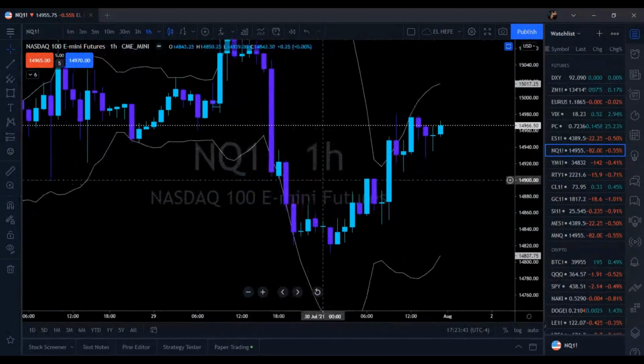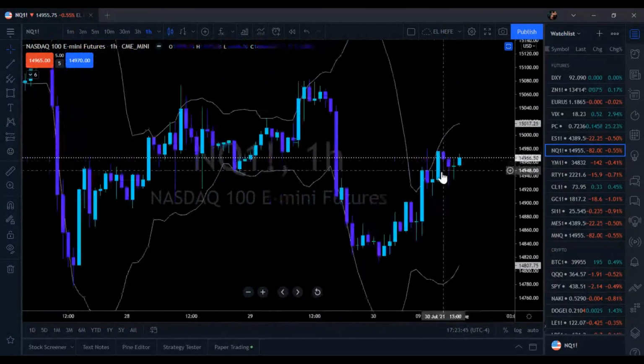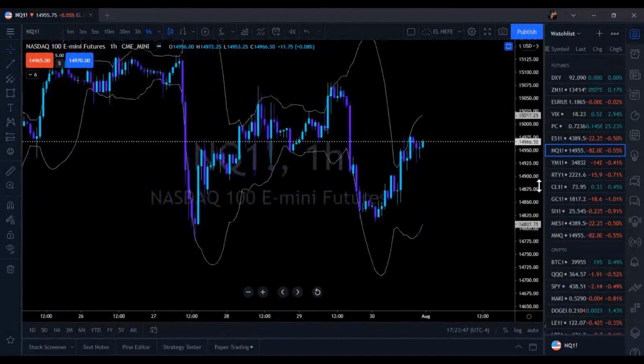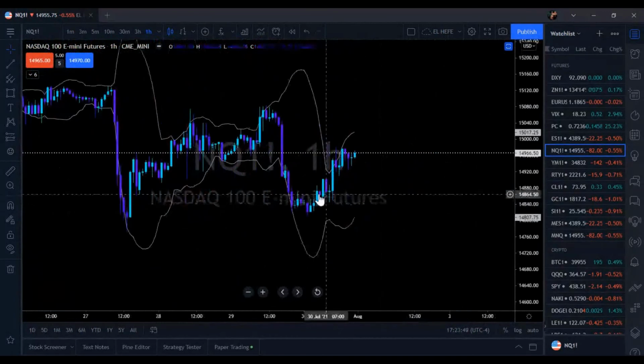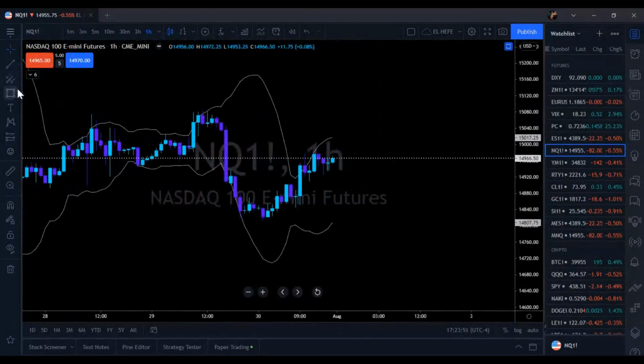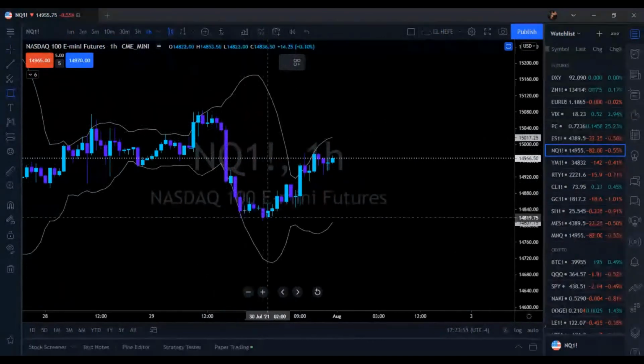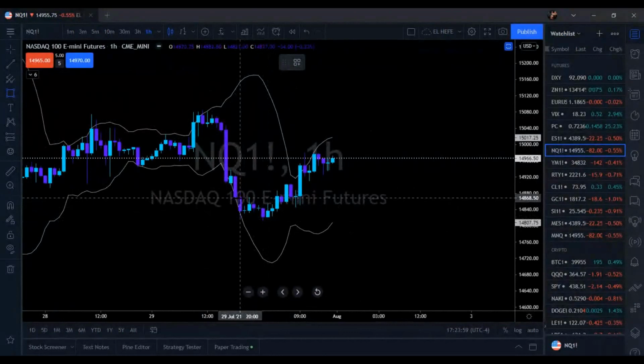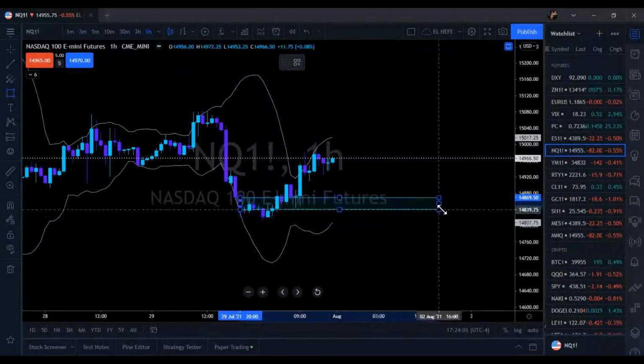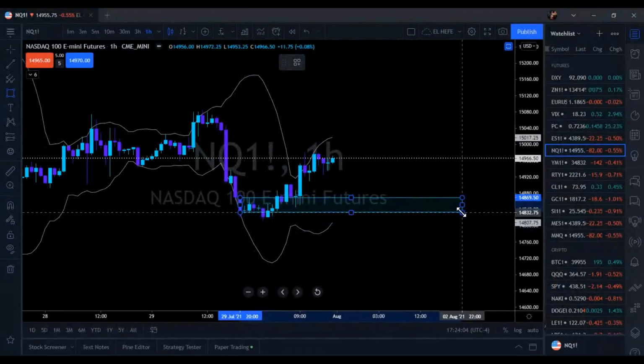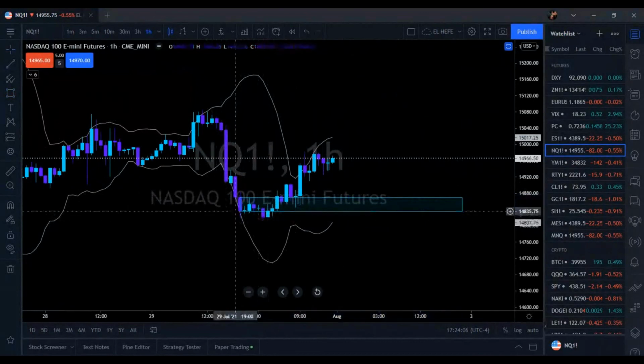Perfect. So would that guy be a good example? I think he looks like a pretty good example of it. So if we pull off of it, we made a lower high. The last one to poke it is the box, and that's the box right there.